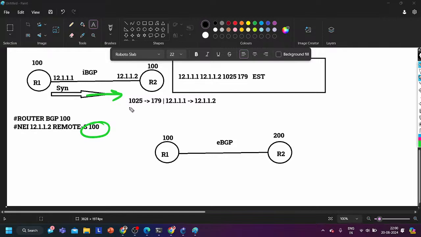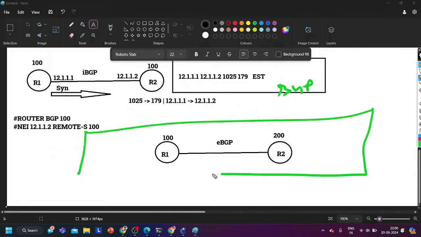Correct? So most of the time, in real time in the industry, you will be troubleshooting BGP issues between two routers. And guys, you know the biggest advantage of using BGP is what? Take a service provider network.